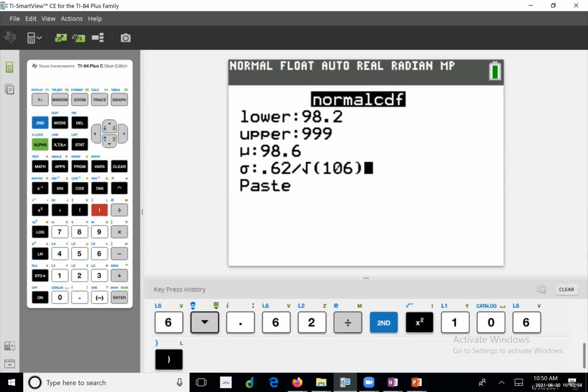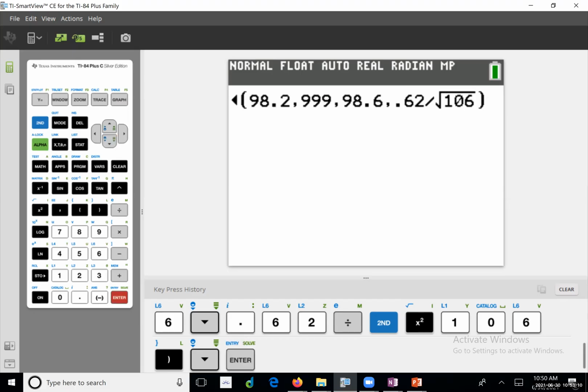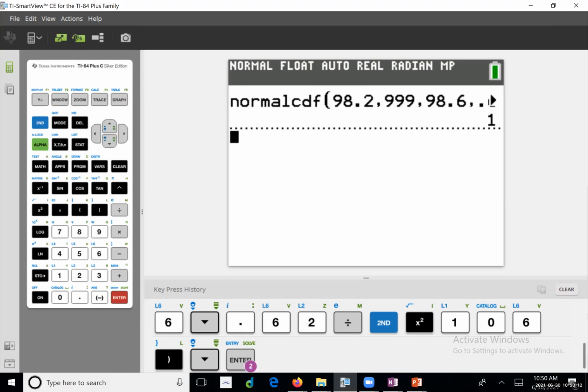Okay, did I type it correctly? Lower 98.2, upper 999, 98.6, 0.62 divided by root 106. Okay, so that's 1. So that's pretty certain as well.